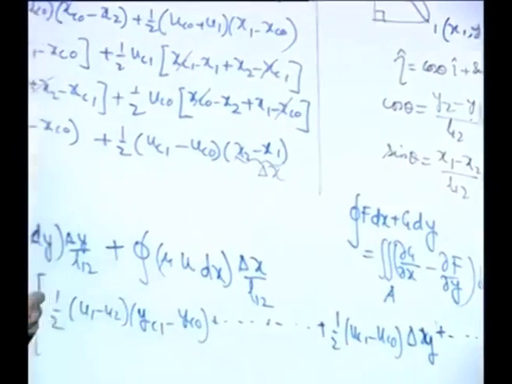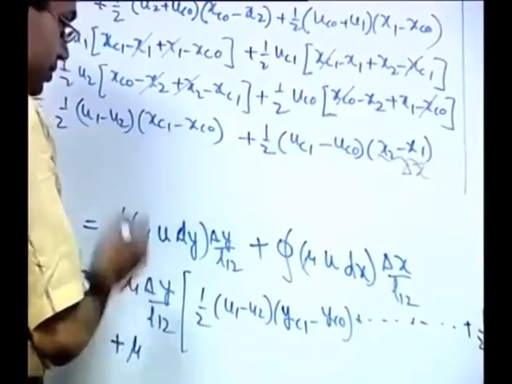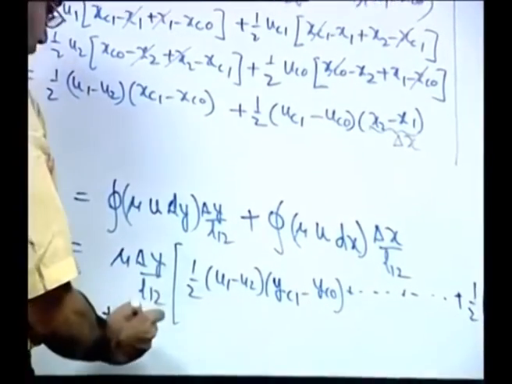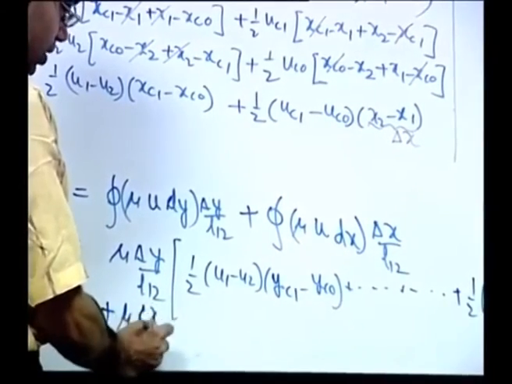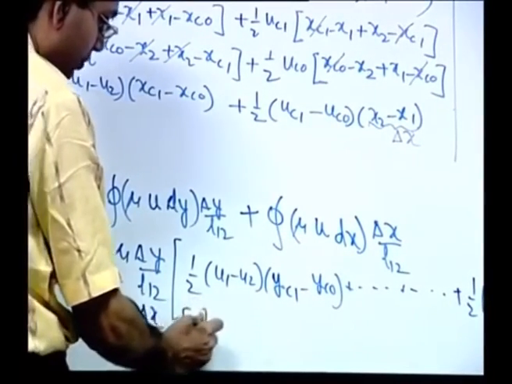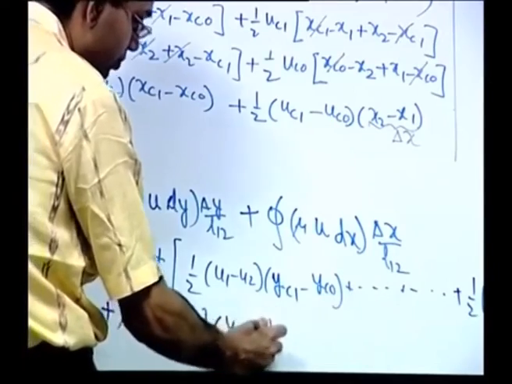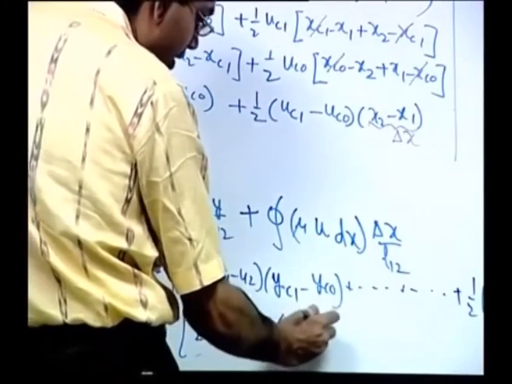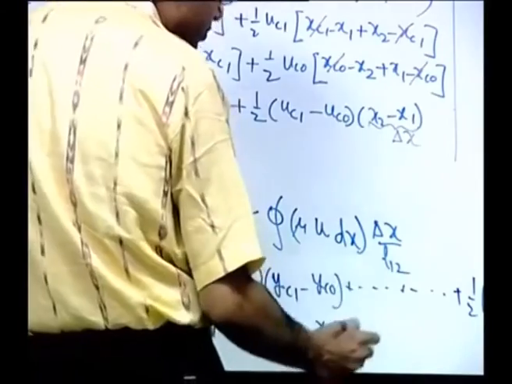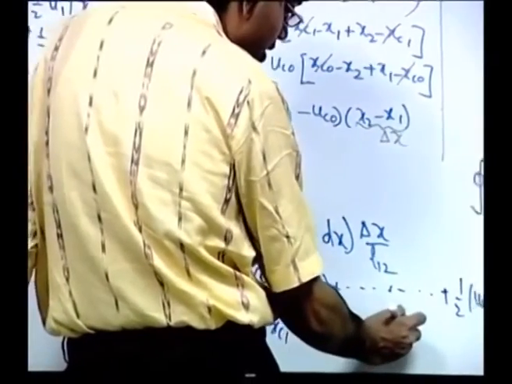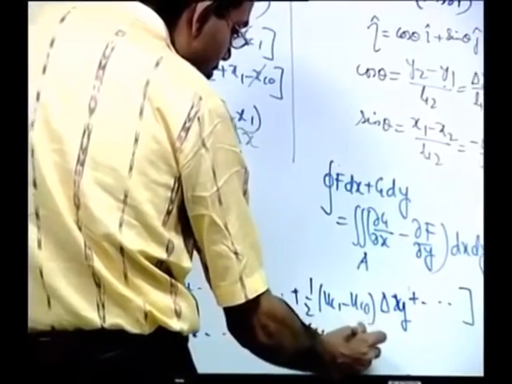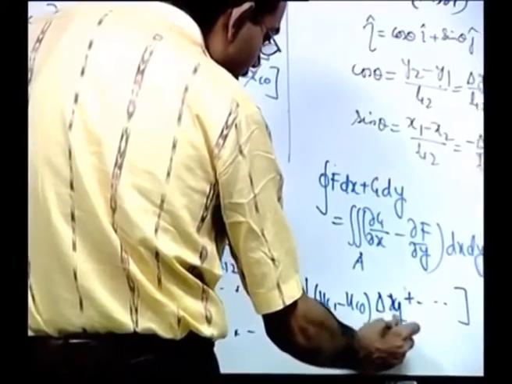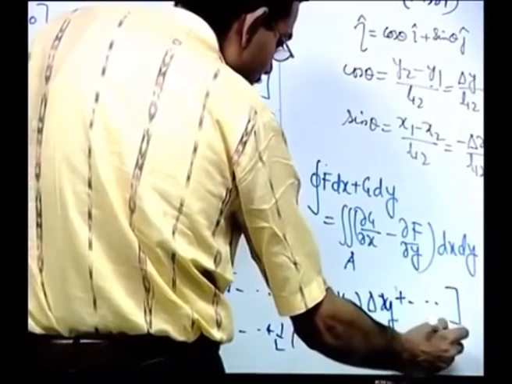Similarly for the integral u dx, just replace x with y. So mu delta x by L12 into half u1 minus u2 into xc1 minus xc0 plus 2 other similar terms, then plus uc1 minus uc0 into delta x plus 2 other terms.